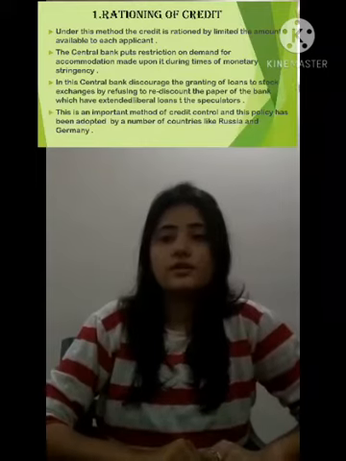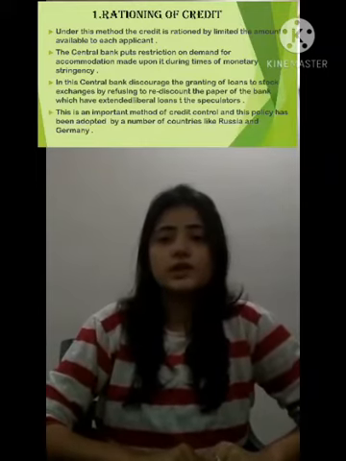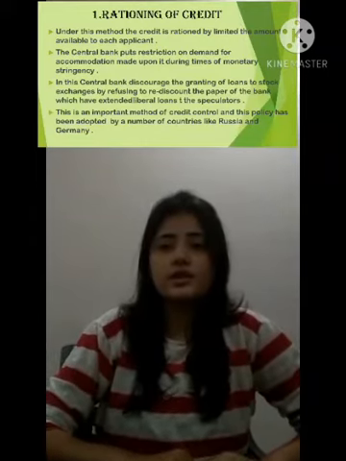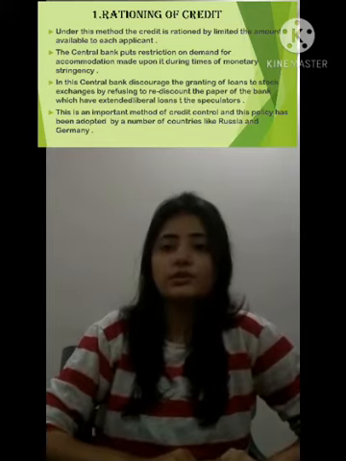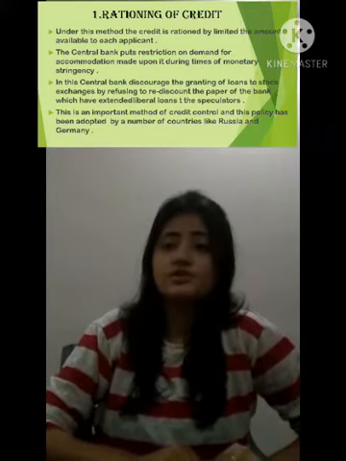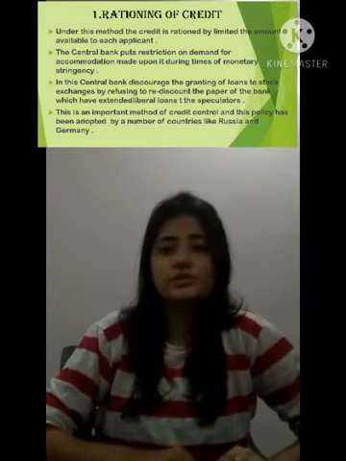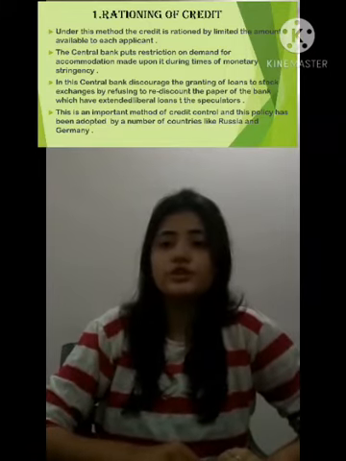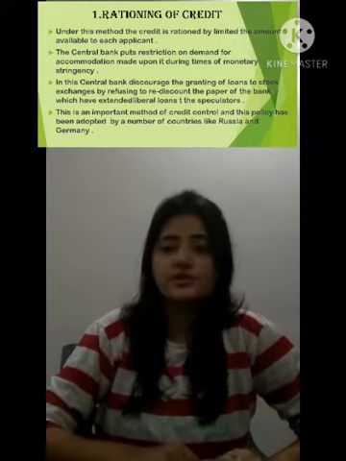First, rationing of credit. Under this method, the credit is rationed by limiting the amount available to each applicant. The central bank puts restrictions on demand for accommodation made upon it during times of monetary stringency.